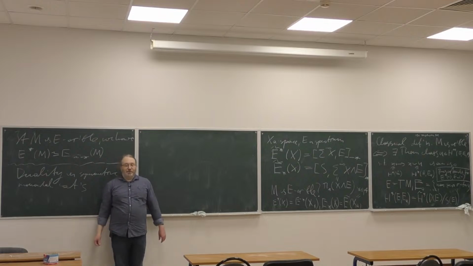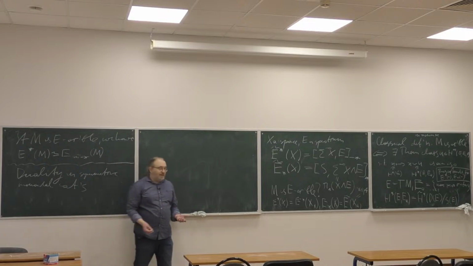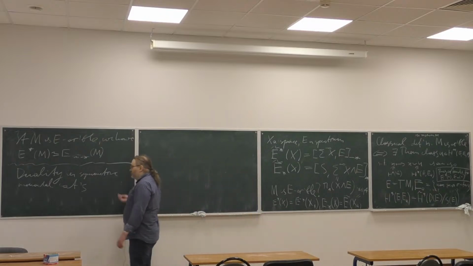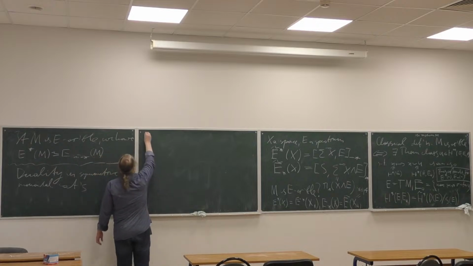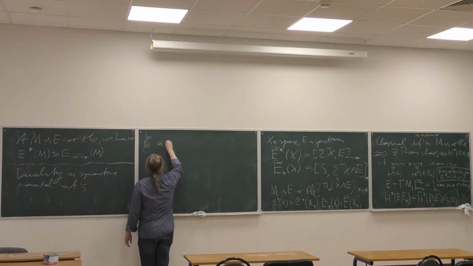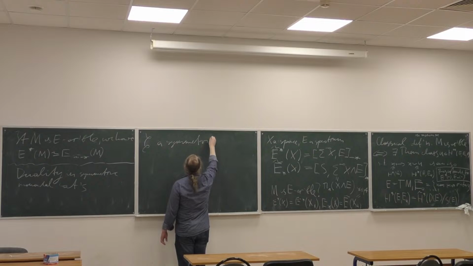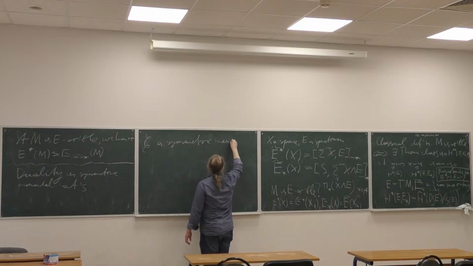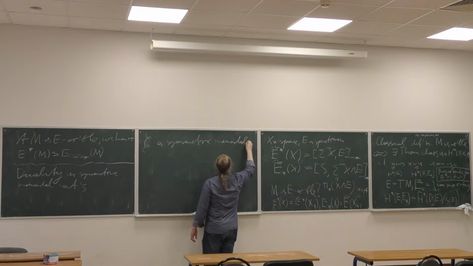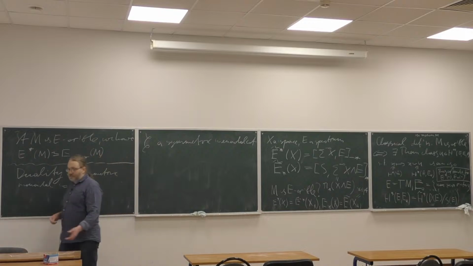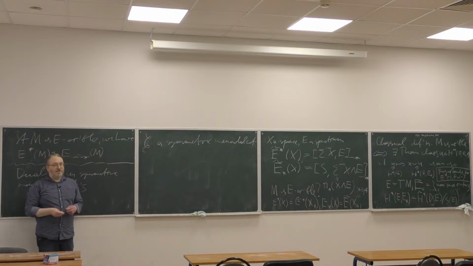Okay, so there are symmetric monoidal categories. For example, the homotopy category of spectra is one of those, but the simplest example is vector spaces.